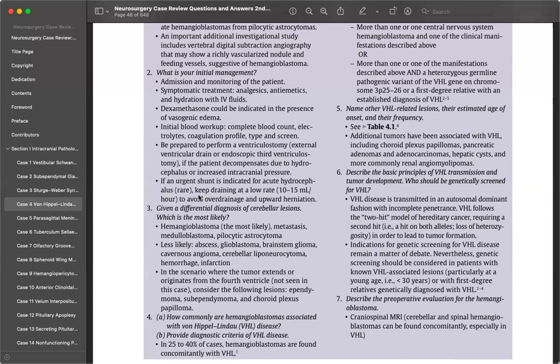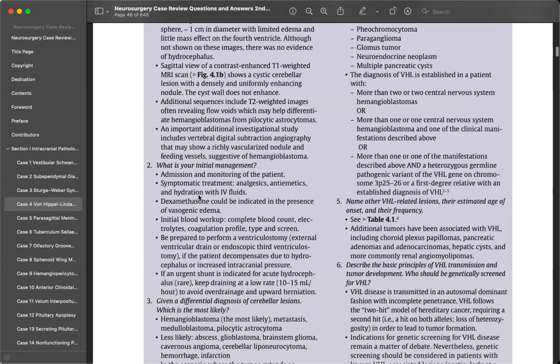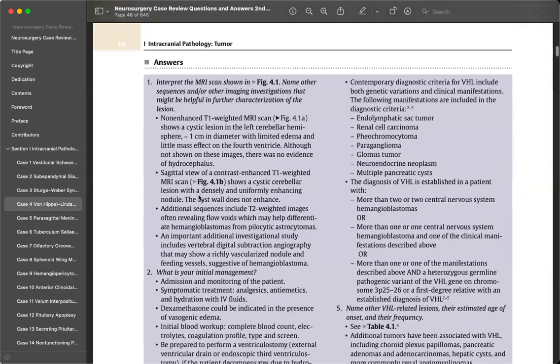And then the diagnostic criteria is that of both the genetic variations and clinical manifestations. So the clinical manifestations include an endolymphatic sac tumor, renal cell carcinoma, pheochromocytoma, paraganglioma, glomus tumor, neuroendocrine neoplasms, and multiple pancreatic cysts.